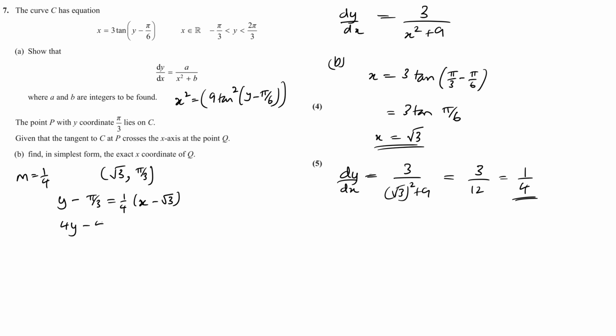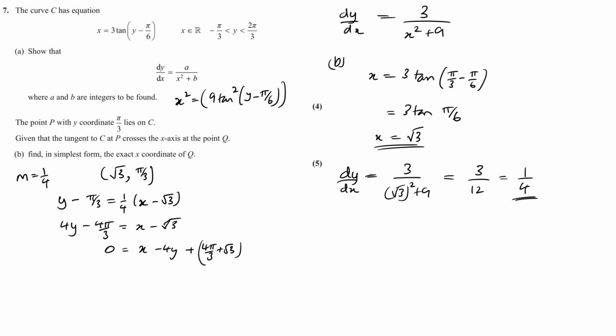4y minus 4 pi by 3 equals x minus root 3. That's just me getting rid of a bit of the fractions. Still got one though, haven't I? So I've got x minus 4y plus 4 pi by 3 plus root 3 is my constant there.